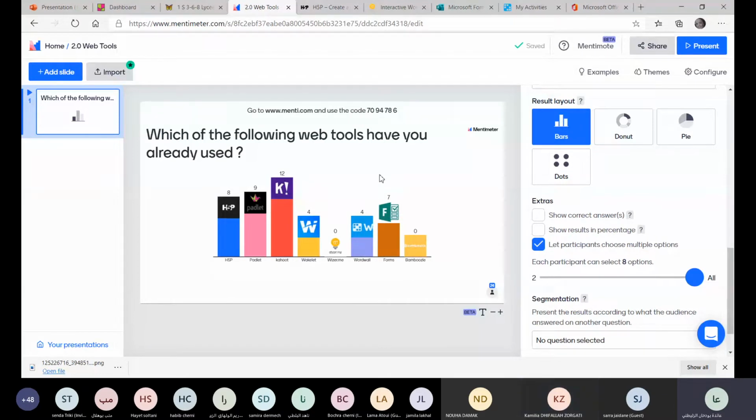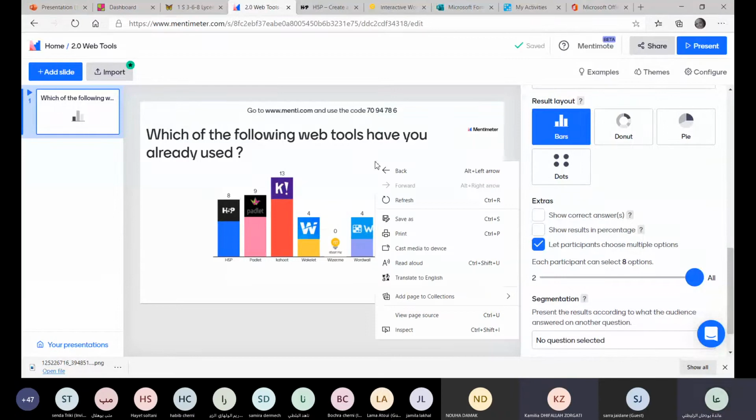Of course, you cannot see but I'm going to share it. You can see that. We're not done yet, are we? I have 25 voters. I guess that's fine. We can see that on the screen.